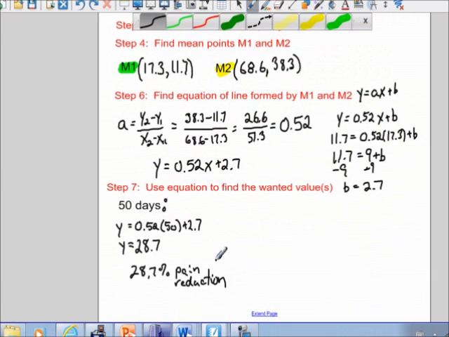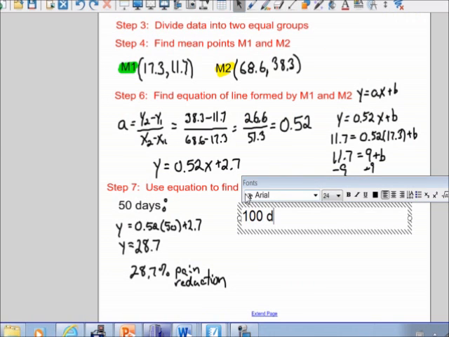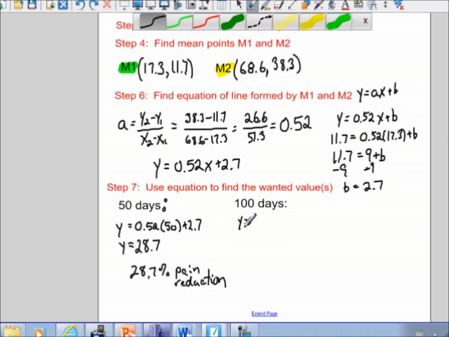If we want to look at 100 days, again, same idea. Only here we put an x value in of 100, and this one will be a little bit easier to do because 0.52 times 100 will be kind of easy to do in our head. So we'll put it in.